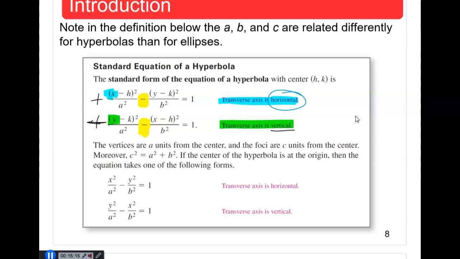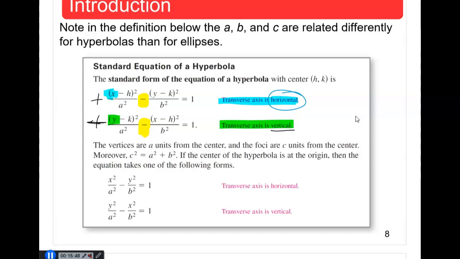And of course, a is going to be the denominator of whatever is dictating the shape of your hyperbola. So if x squared has a positive sign in front of it, then a squared will be the denominator there. And the opposite for the vertical hyperbola: if the y squared expression is positive, then a squared will be the denominator that goes with y.